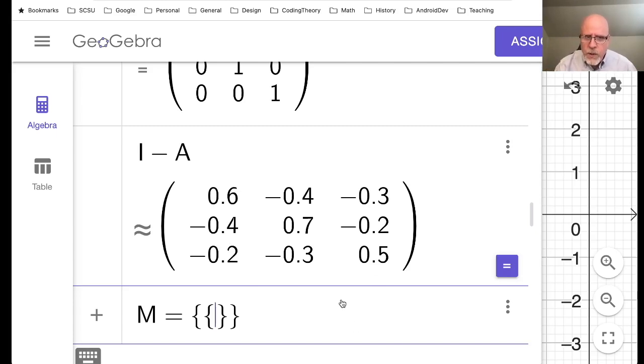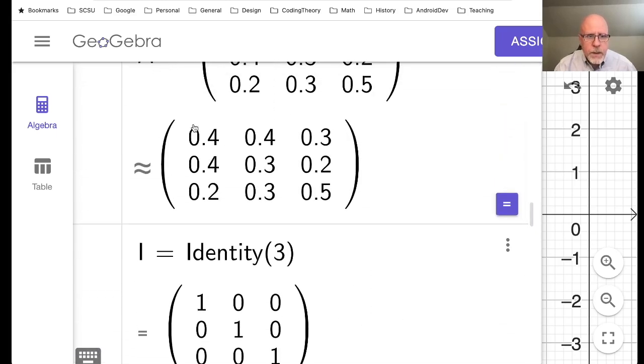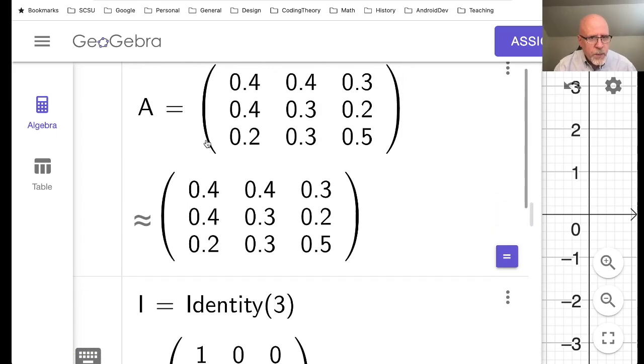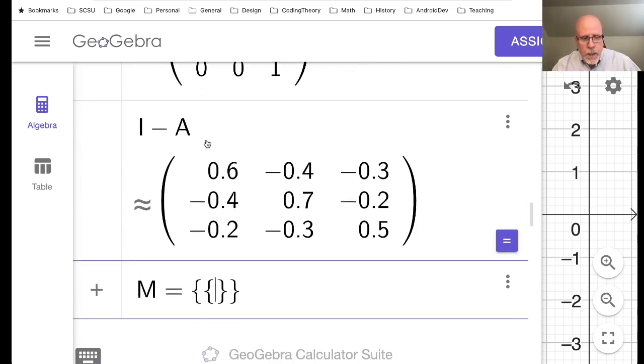The 1, 1 entry is 1 minus the 0.4 that came from the input-output matrix, and so that's going to be 0.6. The other entries come from the input-output matrix, except they have a negative sign in front of them. And the last entry comes from the augmented column. It's got a 0.